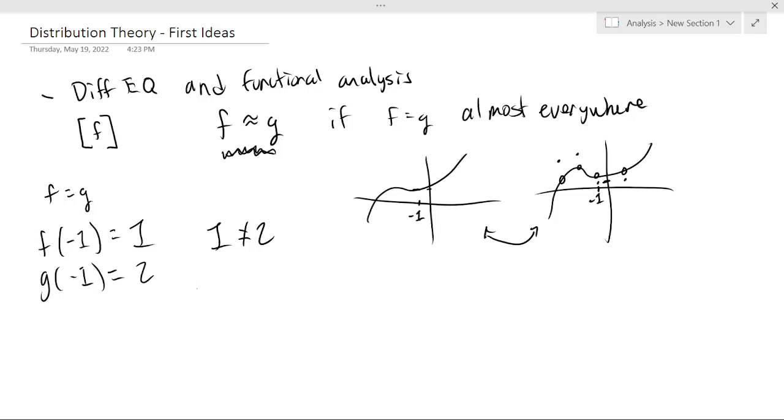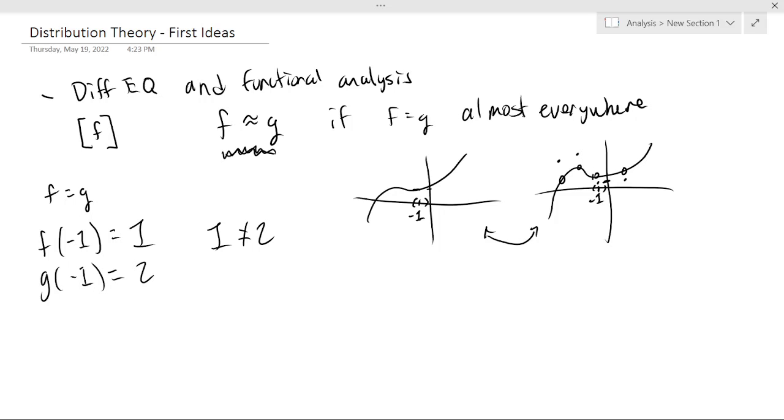So what we do is we restrict ourselves and say, all right, let's not evaluate these functions at any given points anymore. Let's just evaluate them in areas. Instead of being able to evaluate a function right at -1, let's evaluate it in a small interval, right around -1, in this ball.